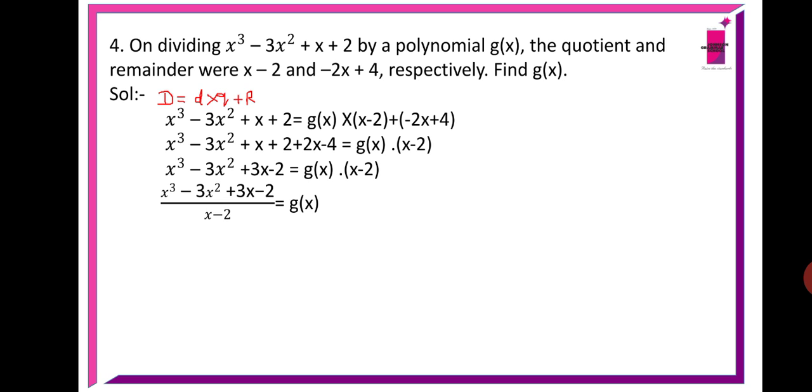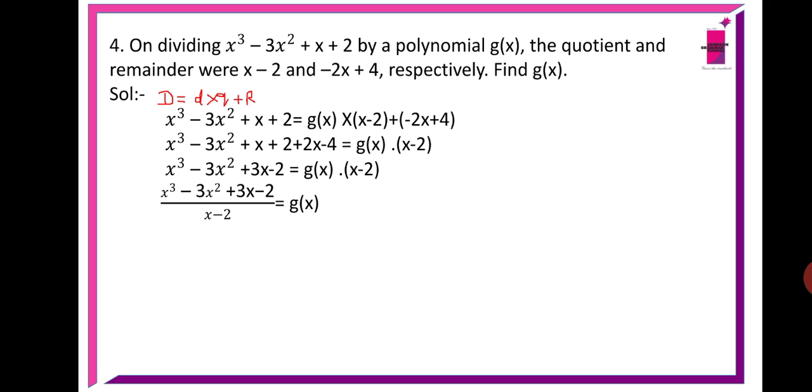Now what is the division algorithm? p of x equals g of x into q of x plus r of x. The same way, we are taking g of x as the subject, then it will be p of x minus the remainder r of x, divided by the quotient.